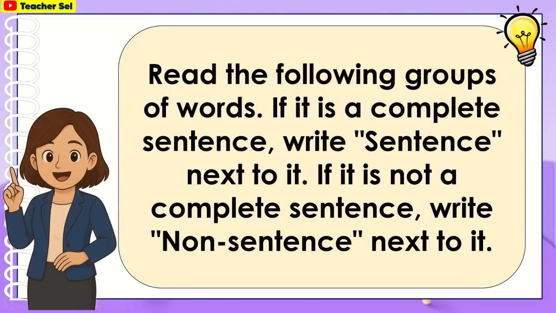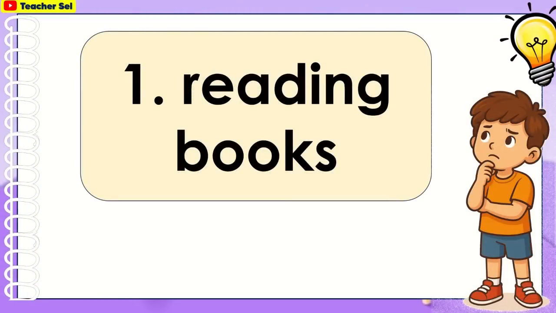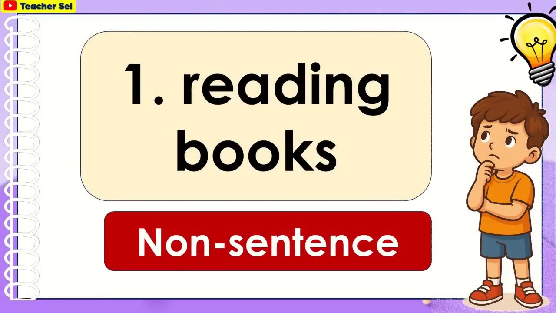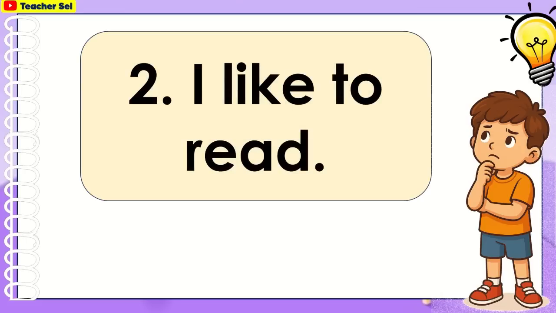Read the following groups of words. If it is a complete sentence, write sentence next to it. If it is not a complete sentence, write non-sentence next to it. Reading books. Non-sentence. I like to read.